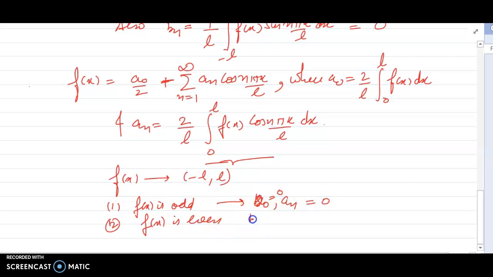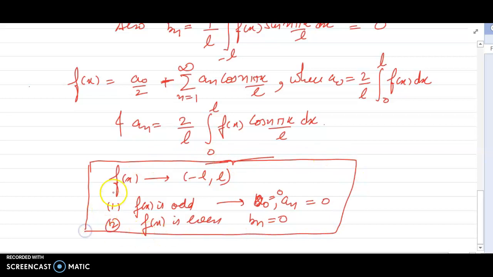If it is even, then bn is equal to 0. This concept will be helpful while solving MCQ type questions.